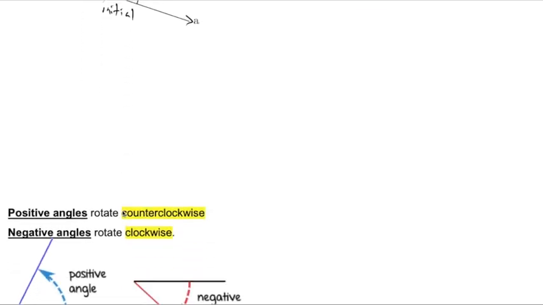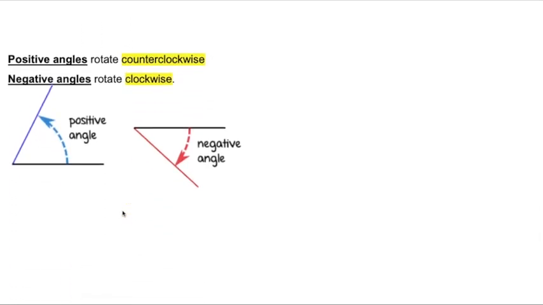So we actually have two types of angles. We have a positive angle, where you have your initial side and your terminal side, and the angle is made when you make a counterclockwise rotation from your initial to your terminal.